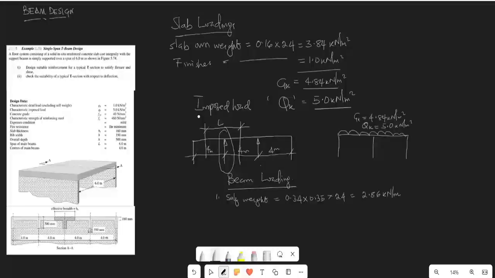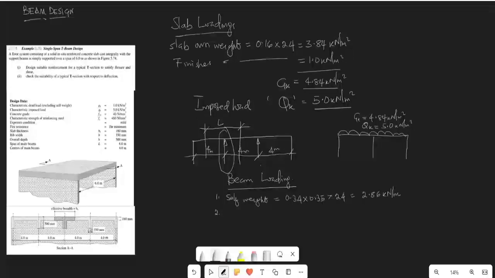Now, to add the load from the slab above the beam, because we've done the self weight of the beam. That's going to be for the dead load, because the self weight of the beam is a dead load. So we pick the dead load from the slab and add it to this.